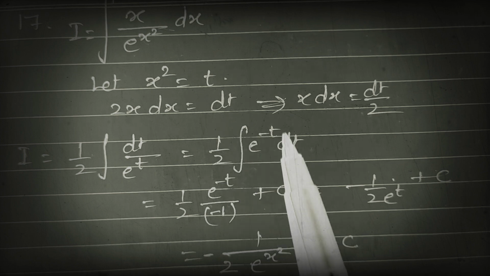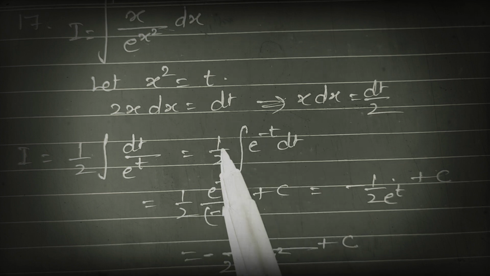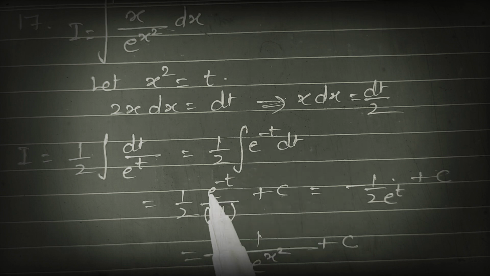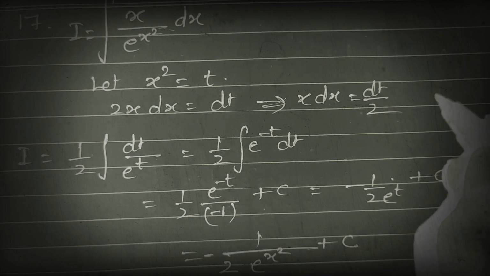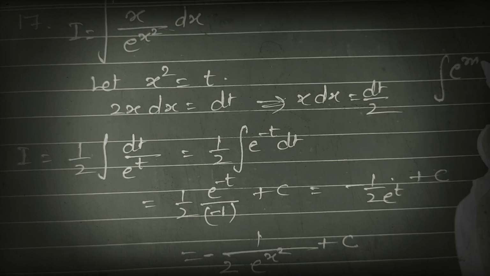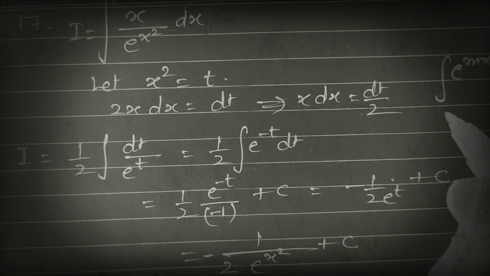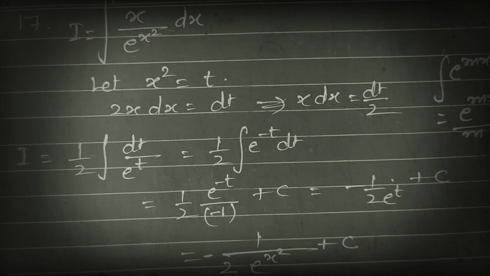So the integration of e raised to power minus t, with 1 by 2 as it is, is e raised to power minus t upon minus 1 plus c, because we know that the integration of e raised to power mx is e raised to power mx upon m plus c.